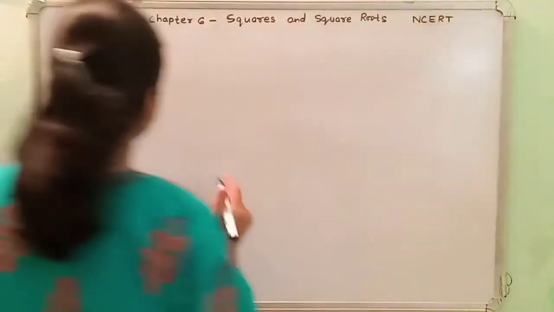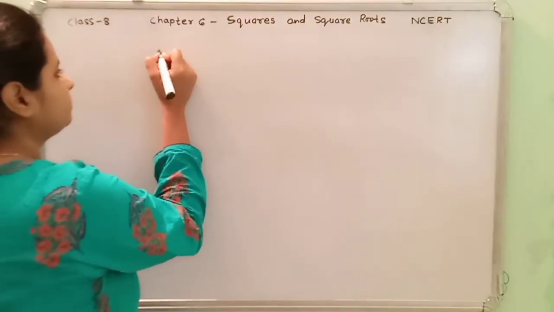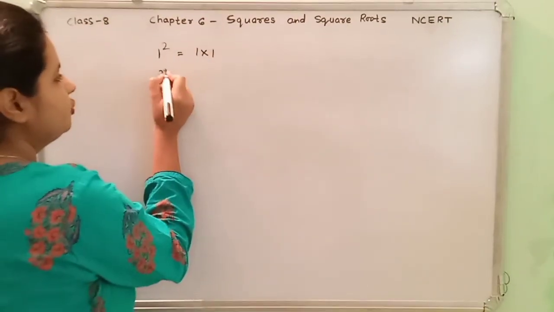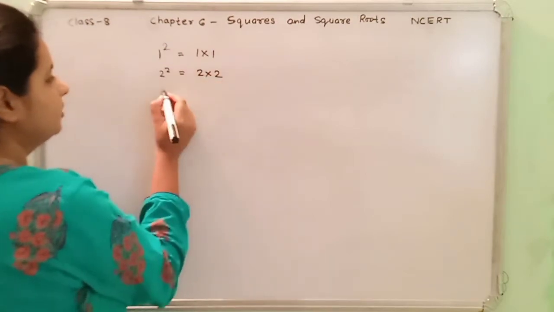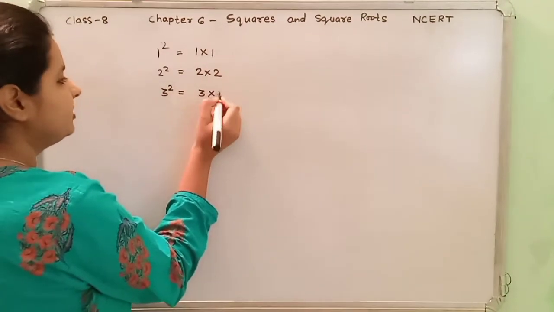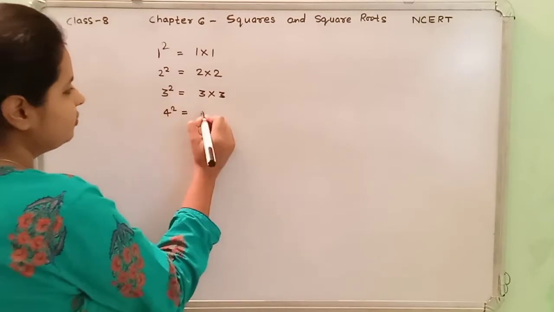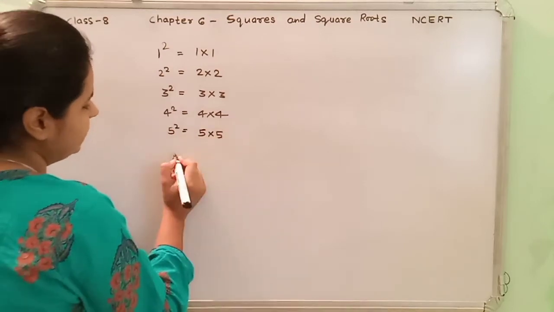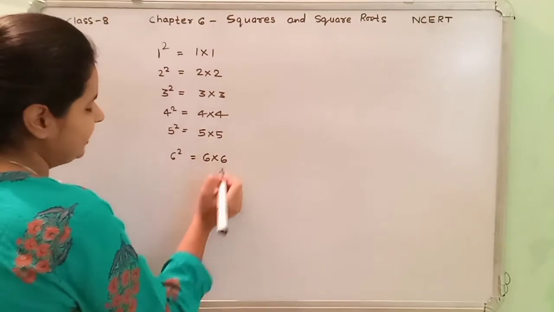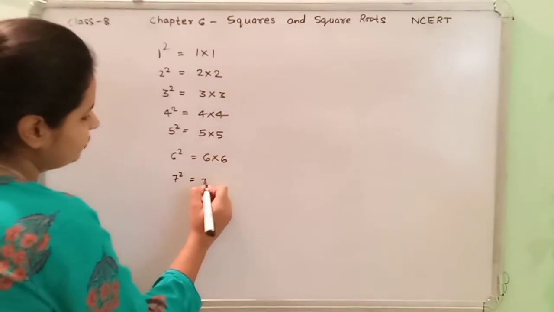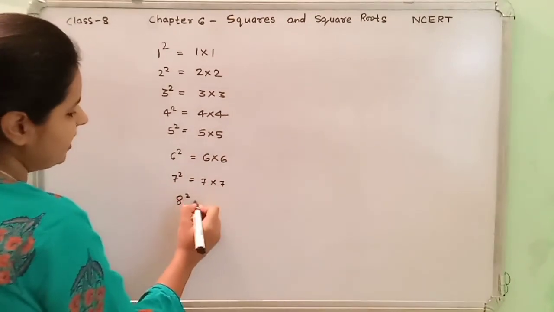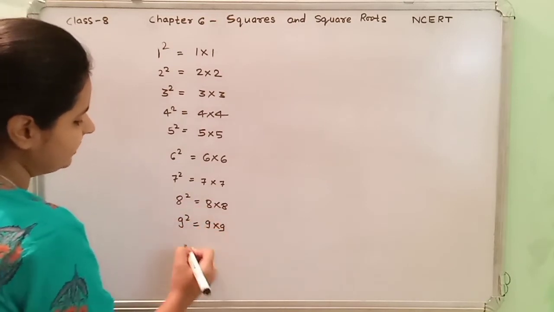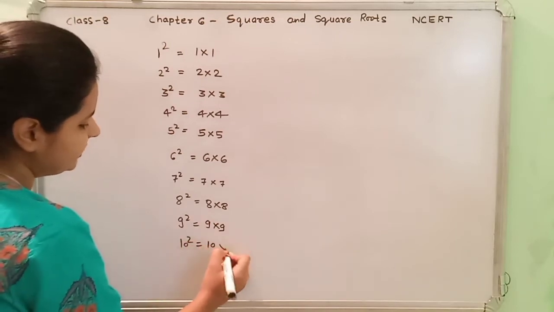So how will we find them? 1 square is equal to 1 multiply 1. 2 square is equal to 2 multiply 2. 3 square is equal to 3 multiply 3. 4 square is equal to 4 multiply 4. 5 square is equal to 5 multiply 5. 6 square is equal to 6 multiply 6. 7 square is equal to 7 multiply 7. 8 square is equal to 8 multiply 8. 9 square is equal to 9 multiply 9. And 10 square is equal to 10 multiply 10.